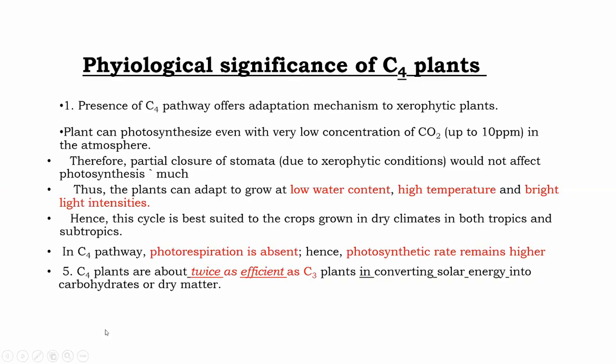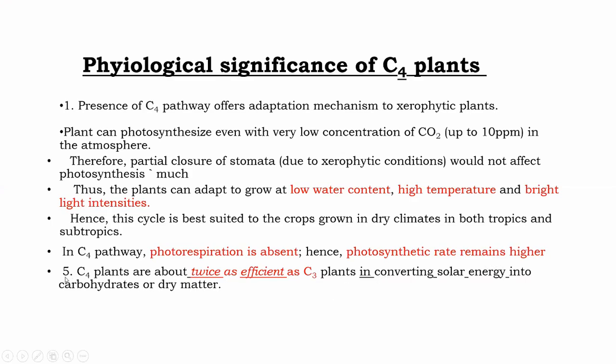The other advantage is that in the C4 pathway, photorespiration is absent. That means while photosynthesis is happening, there is no photorespiration. I will teach photorespiration in the next class. Then the photosynthetic rate remains higher, and the xerophytic plants can survive.